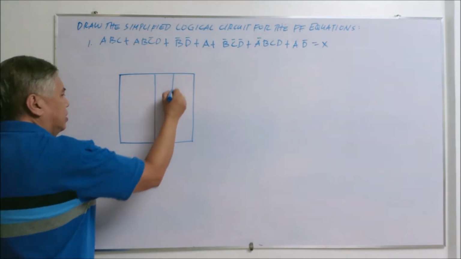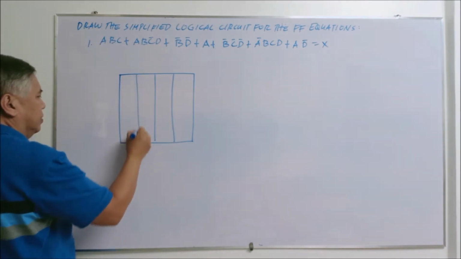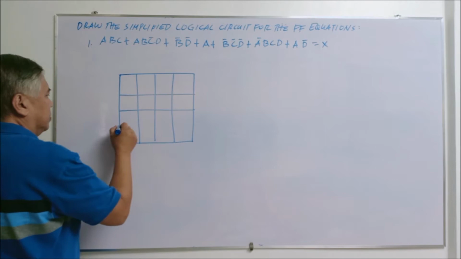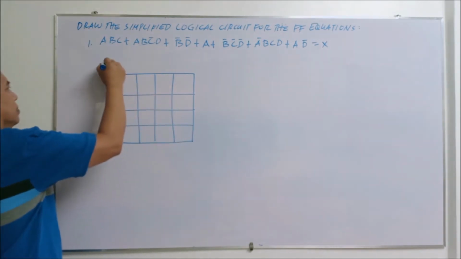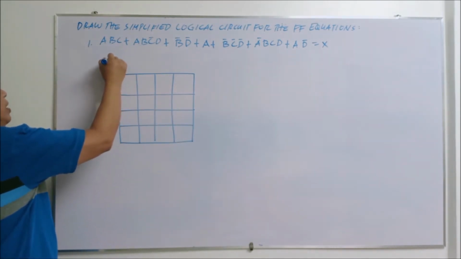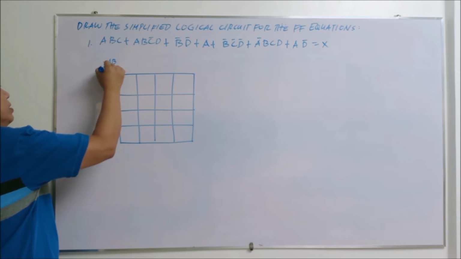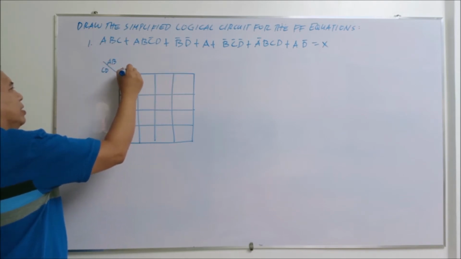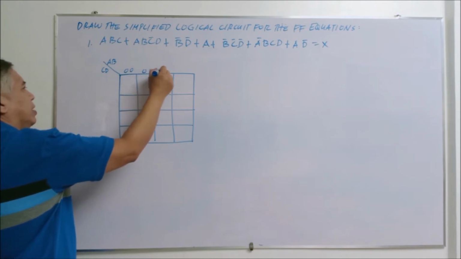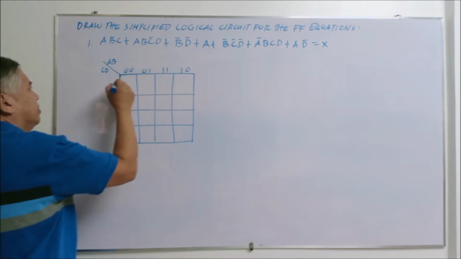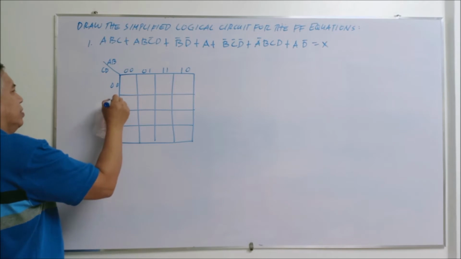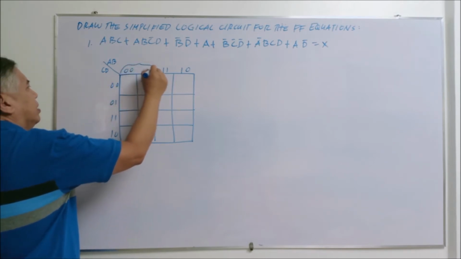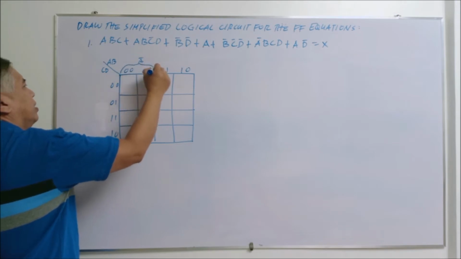Okay, 16 cells. So the inputs are A, B, C, D. The values of your variables are 00, 01, 11, 10, and 00, 01, 11, 10. And we know that this belongs to A bar.